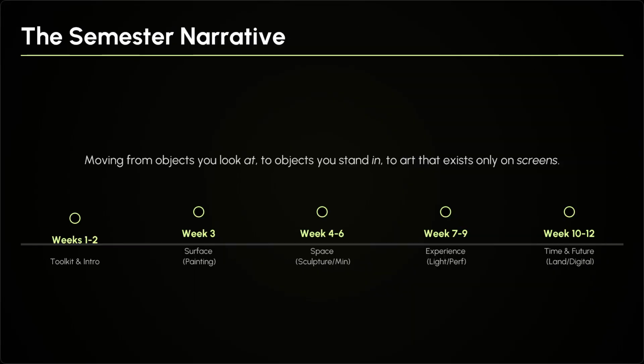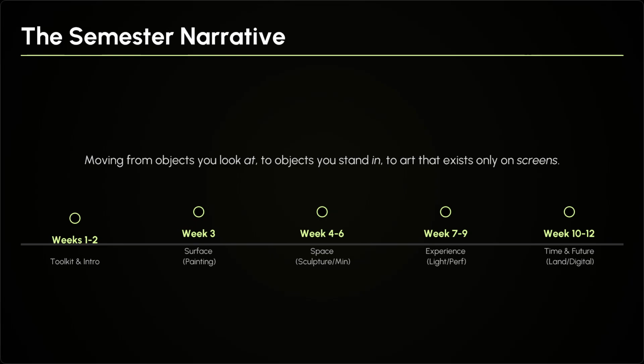We aren't jumping around randomly. There is a specific narrative to this semester. We start with week 1 and week 2, building your toolkit. Then week 3, we move to surface, paintings on the walls. From there, we enter space, which is sculpture and minimalism.